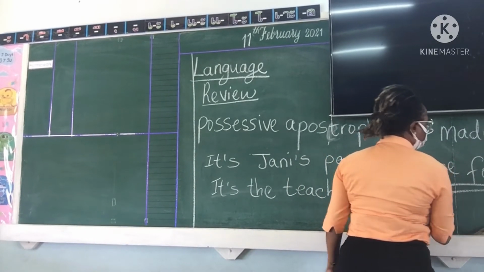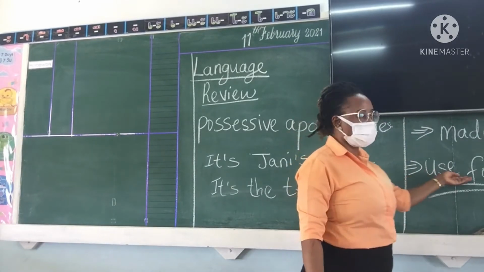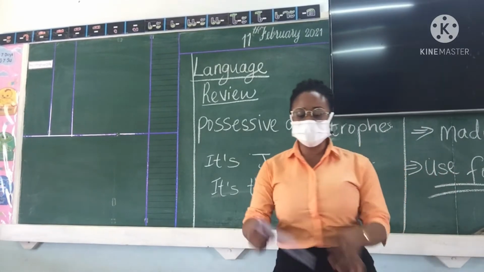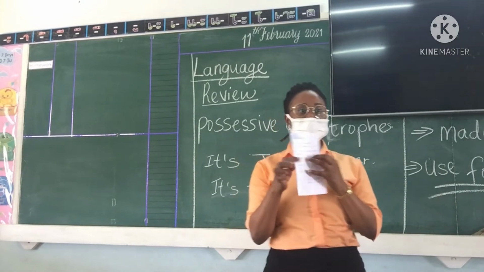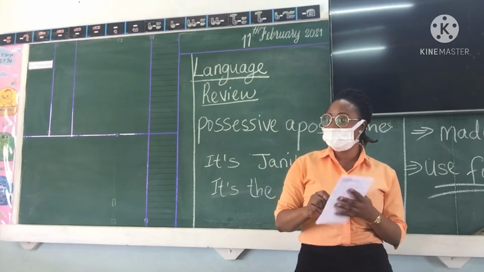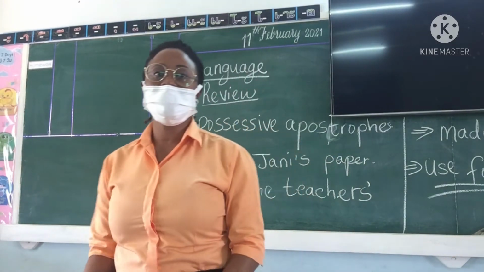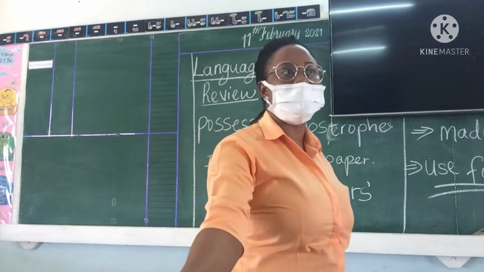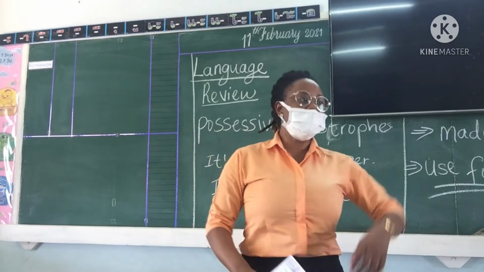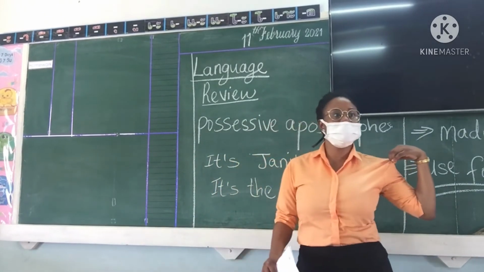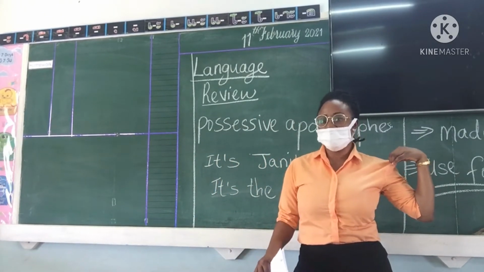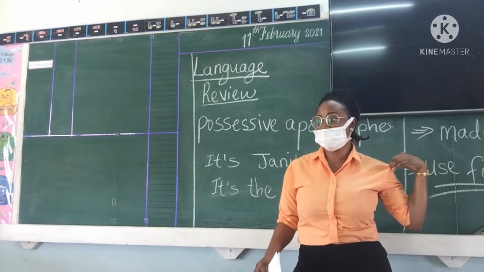When we say useful, for example, this paper is made of wood, but it's used for writing. This chair is made of wood, but it's used for sitting. This cloth is made of cotton, but it's used for what?